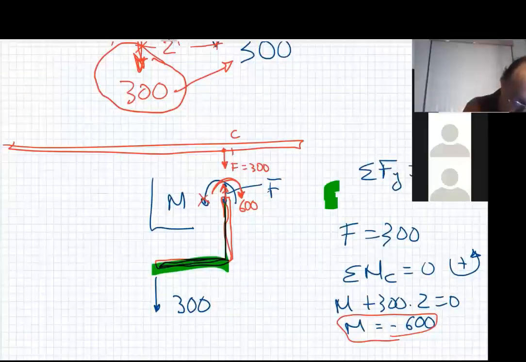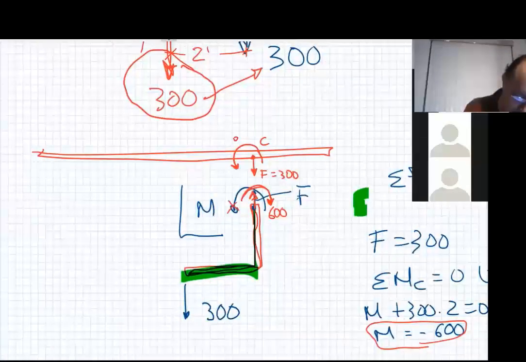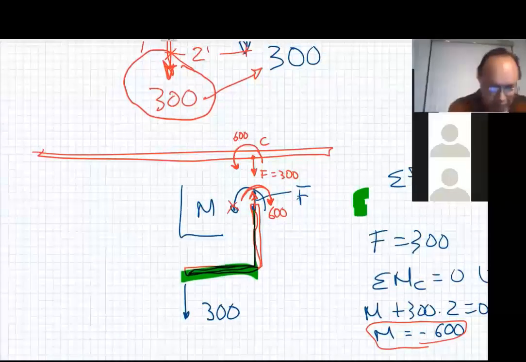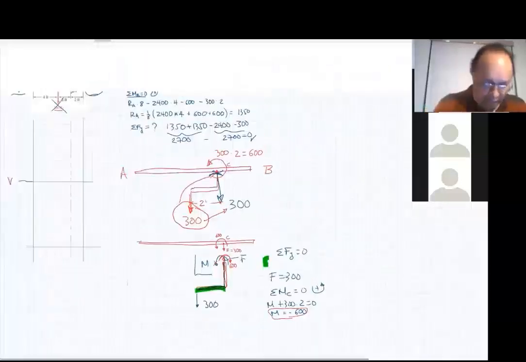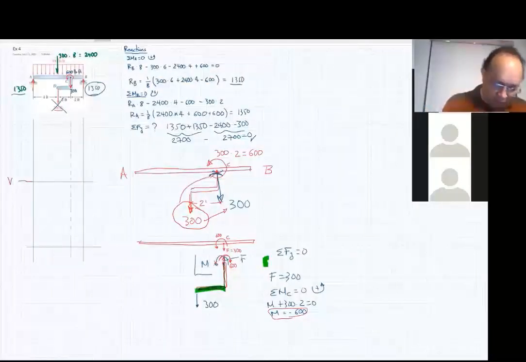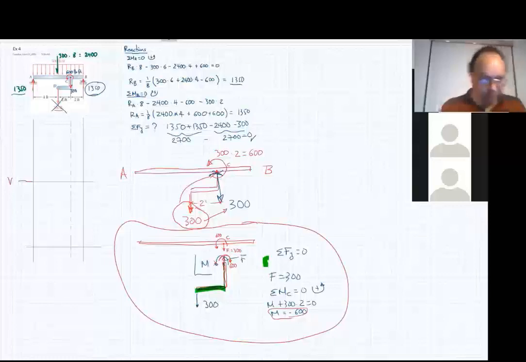So it will be like this, 600. So that's how we end up with a force of 300 and a moment of 600 at point C. You can look at it in different ways. Maybe this way is a little more rigorous.